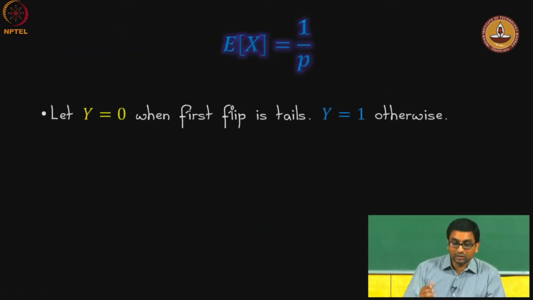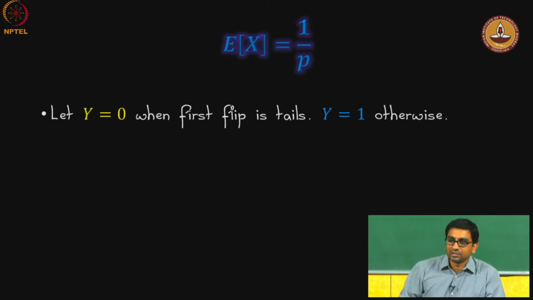Now let us look at the geometric random variable and ask what is its expectation. We want to claim that it is 1 over p, and this should make intuitive sense. Say the coin has a very small bias, which means it is going to take more coin tosses to get the first head.